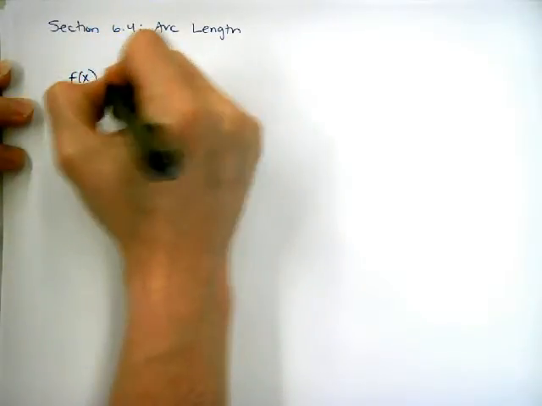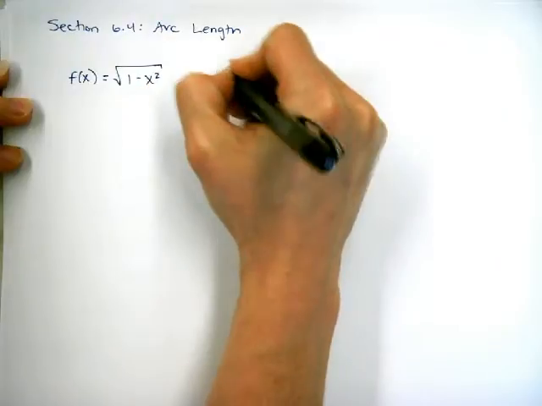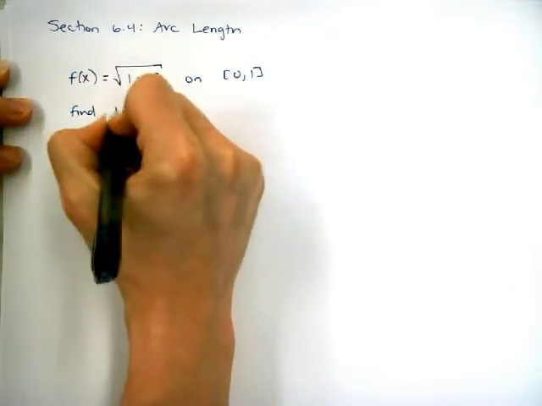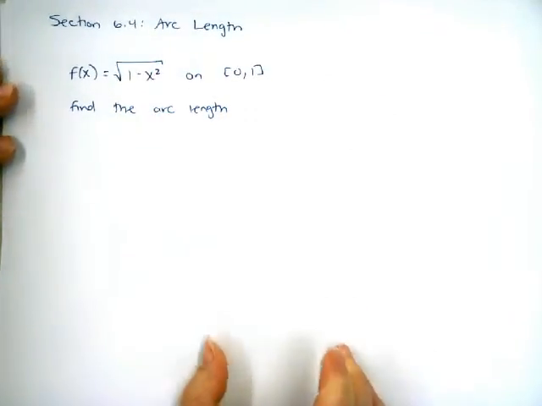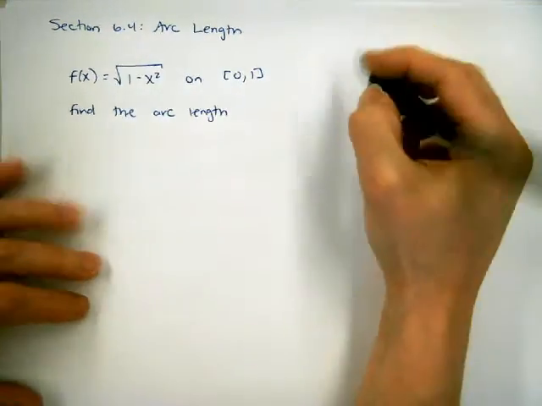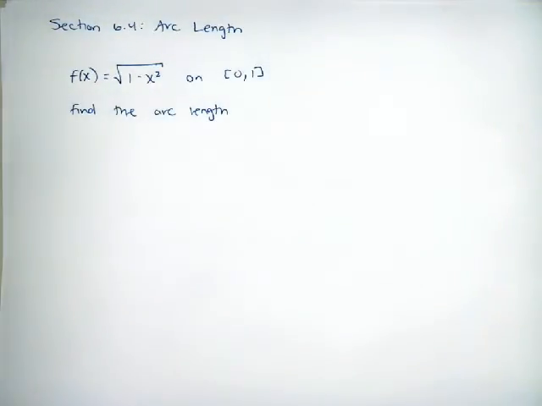If I had the function square root of 1 minus x squared, let's say on the interval from 0 to 1, and I wanted to find the arc length. So we'll start by graphing it and just seeing what this curve would look like. We've looked at this curve before when we were first starting to look at areas.